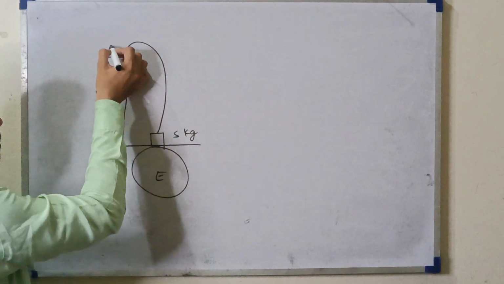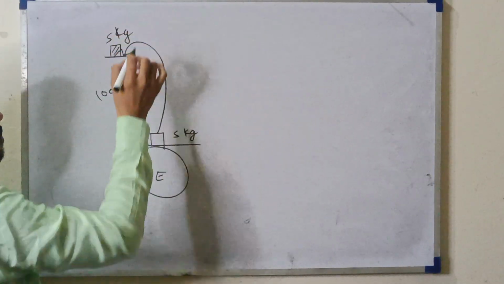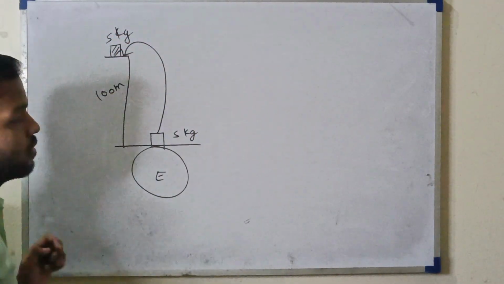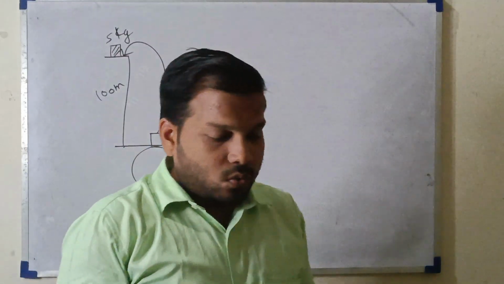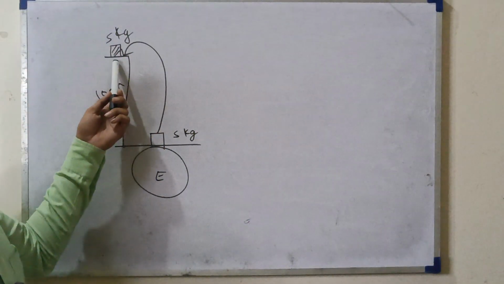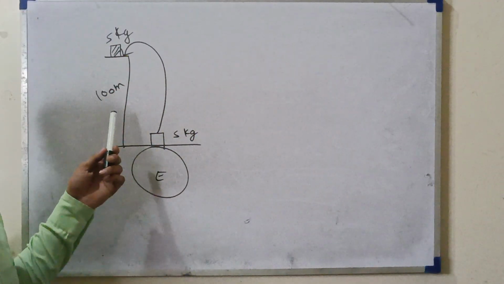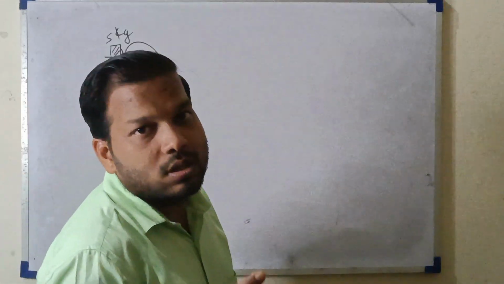Now the object is here, mass 5 kg. You have to put the object on the terrace, and the height of this terrace from the earth surface is 100 meter. Then definitely you will do some work.